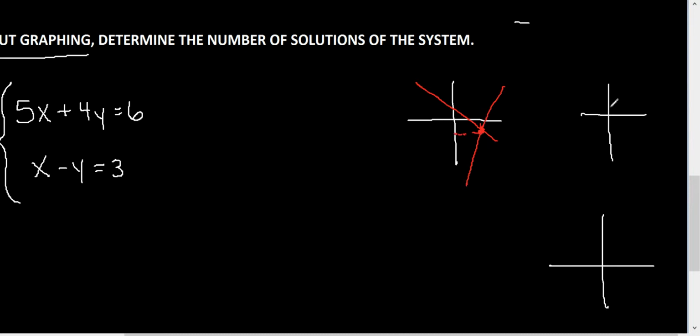The other possibility is the 2 lines may be parallel. They'll never cross each other, which means there is no solution. And the third possibility, like we experienced in the previous problem, is that the 2 lines are the same. They are on top of each other, and that indicates infinitely many solutions. All real numbers are the answer.